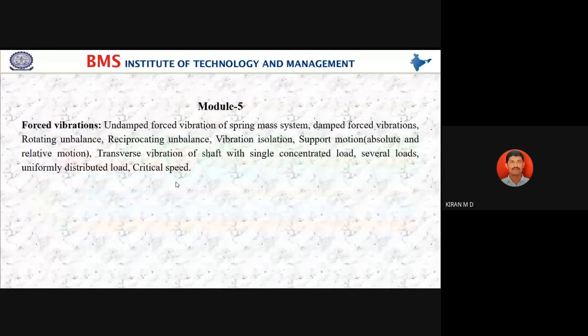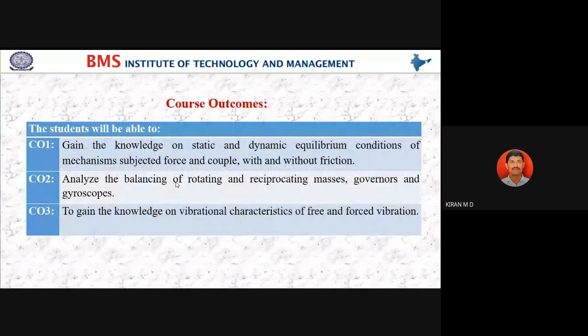Now, program outcomes are common for all graduates, but course outcomes depend on the subject. For a particular course, it is what you are going to learn from that subject.